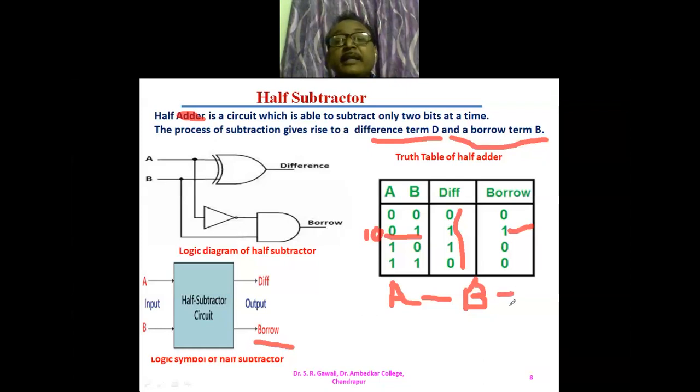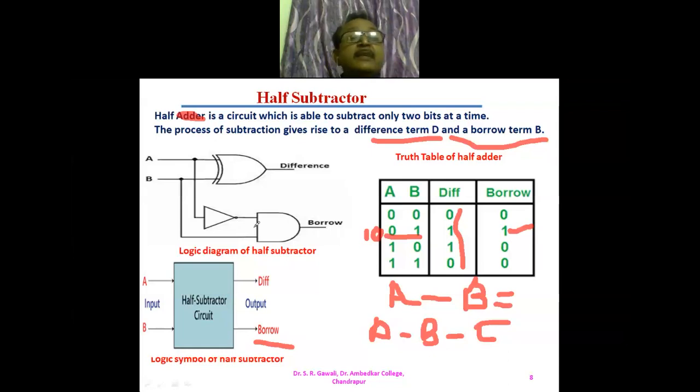But suppose an operation like A minus B minus C is to be carried out. Is it possible? Yes, but A minus B minus C cannot be done with the help of the half subtractor, and therefore there is a need for the full subtractor.